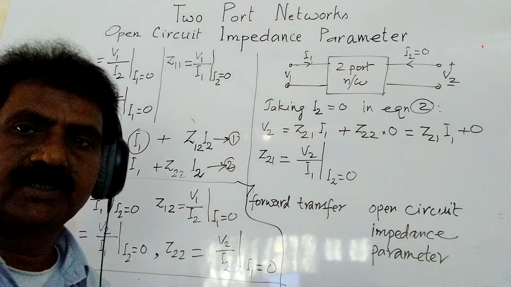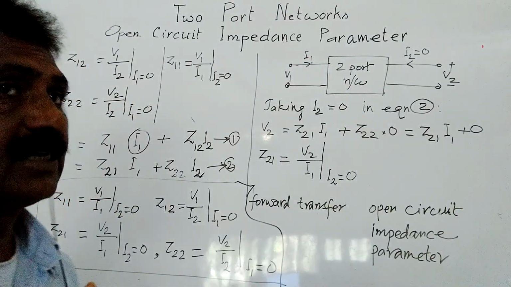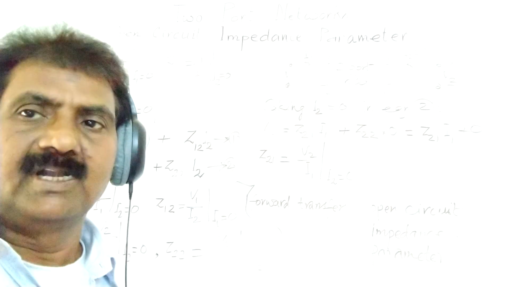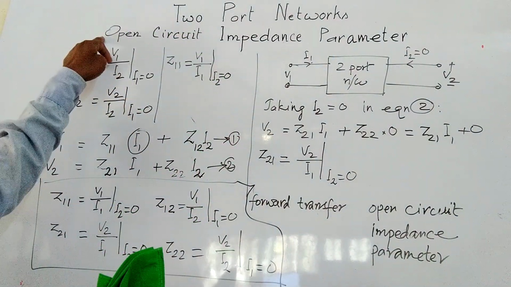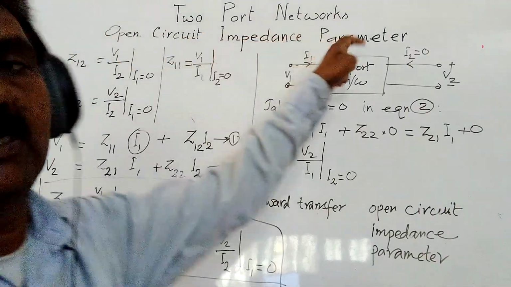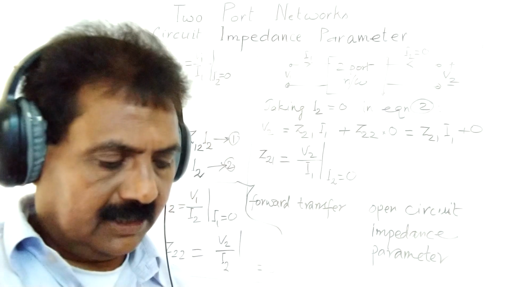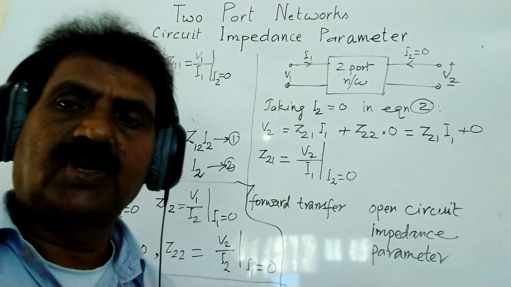Now it is quite clear to all of you. Then in the next class we will discuss, in place of open circuit, the short circuit impedance parameter. Okay, now I switch off at this point.